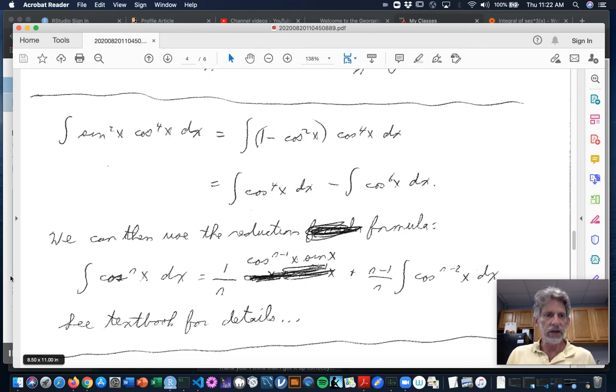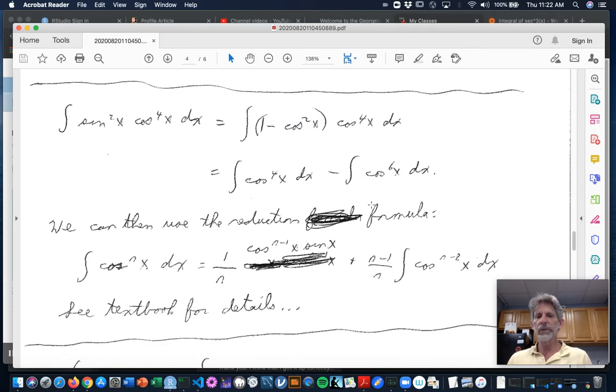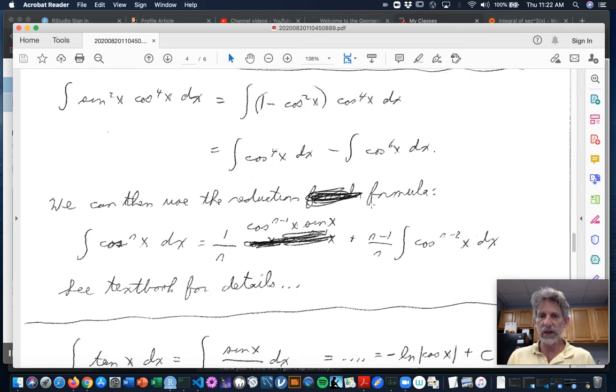So like if I see sine squared times cosine to the 4th, I'll turn the sine squared into 1 minus cosine squared, multiply out, and I'll have a cosine to the 4th, 1 times cosine to the 4th, minus cosine squared times cosine to the 4th, which is cosine to the 6th. 2 integrals, but they're both even powers of cosine.